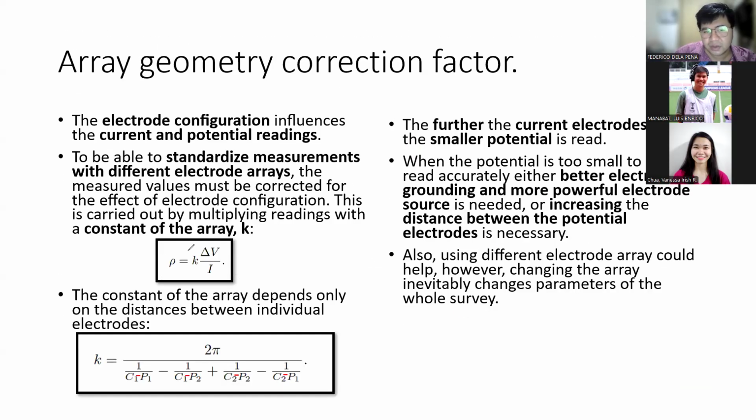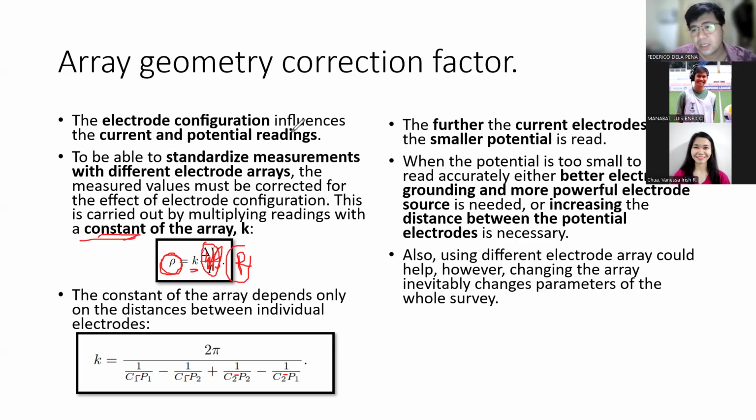Right? So in order to calculate the resistivity, we simply multiply the resistance. This V divided by I we can simplify to your resistance. So resistivity is simply equal to your resistance multiplied by your array constant, K, which is simply the geometry constant of your array.